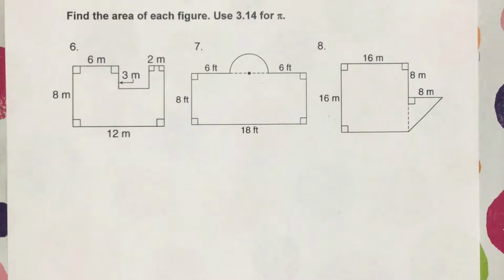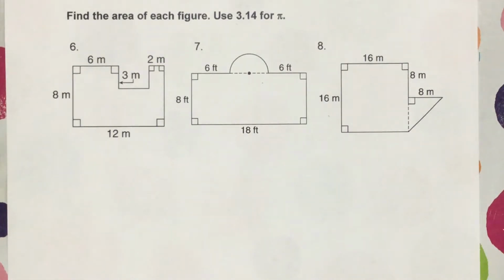All right, we're back with problem 6. Let's go ahead and see how you did. So problem 6, there's a couple different ways we could do this problem. So we could divide it into a bunch of different shapes.